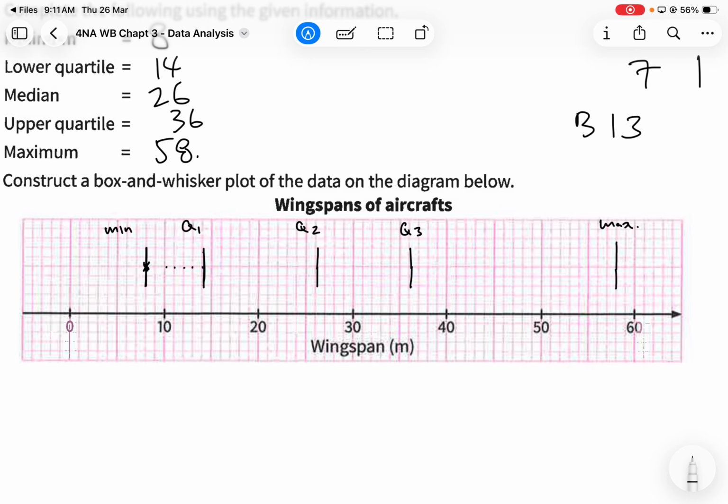Then after that, just take a ruler and join Q1, Q2, Q3 to form a box. Then you have your box already. Sorry, I joined until the minimum.